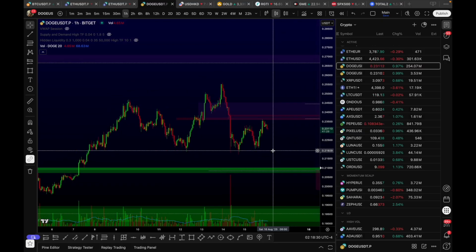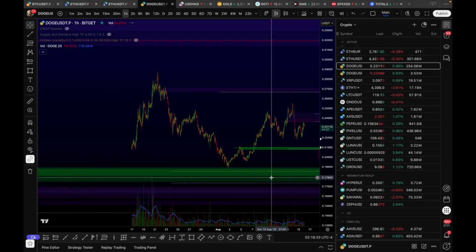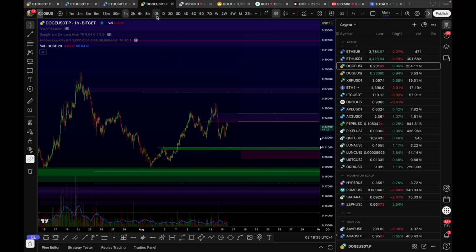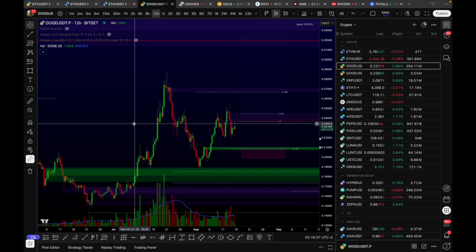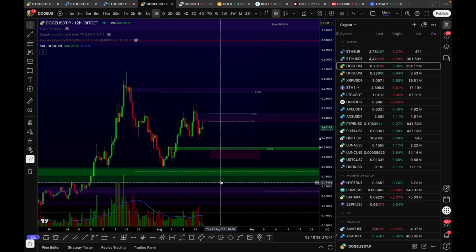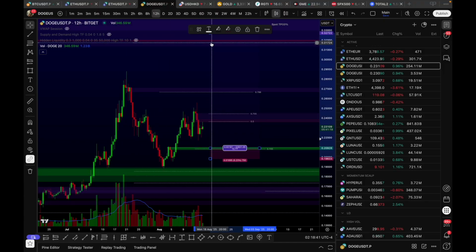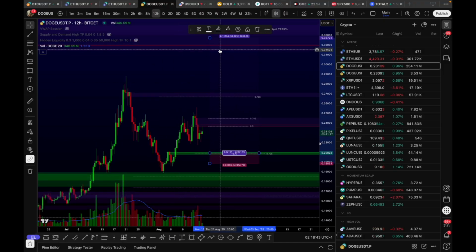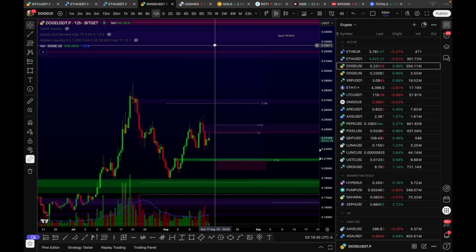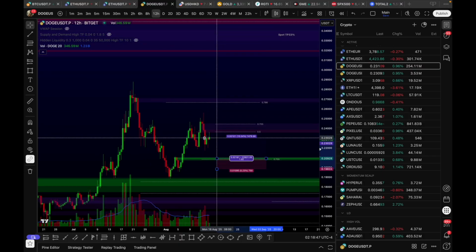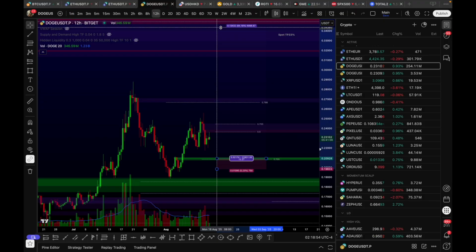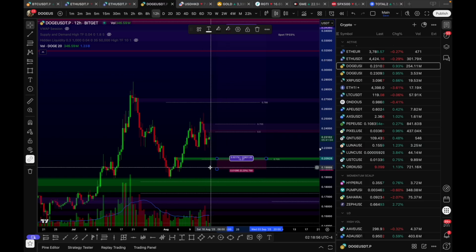So I usually treat all of my trades as a range first. And I mean, this is a 12-hour level, right? So it's also not most optimal. But even though I've targeted this, my initial targets are here, and should we break out of this here, my next target is here.